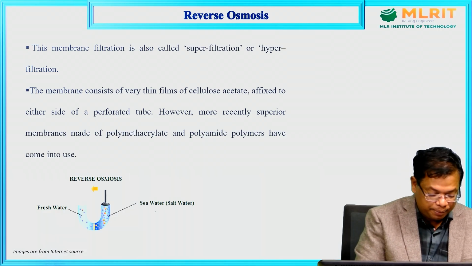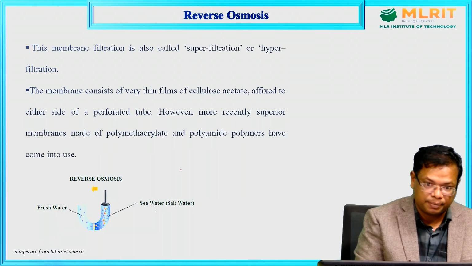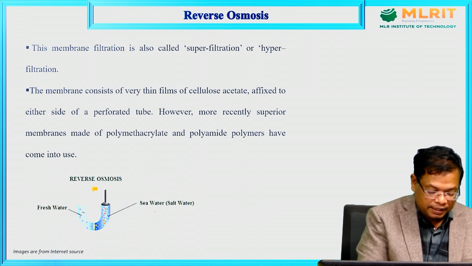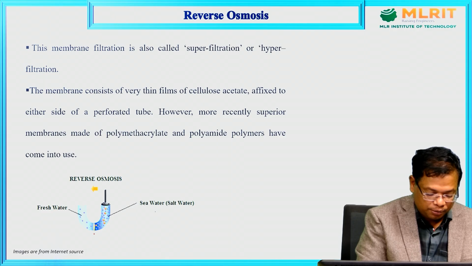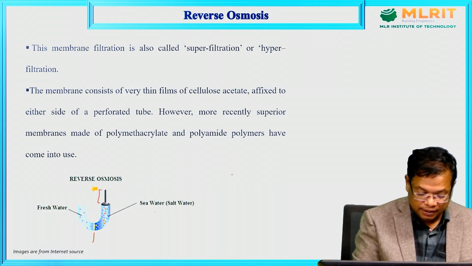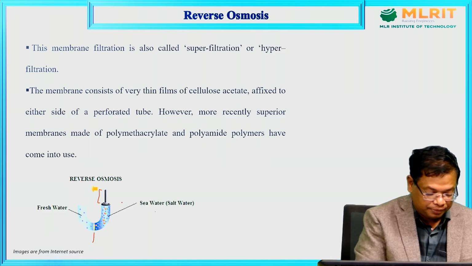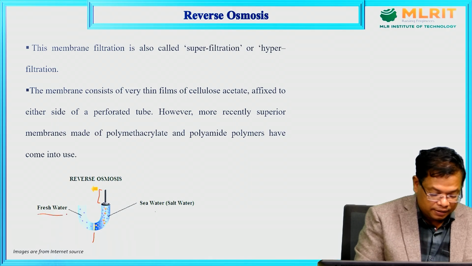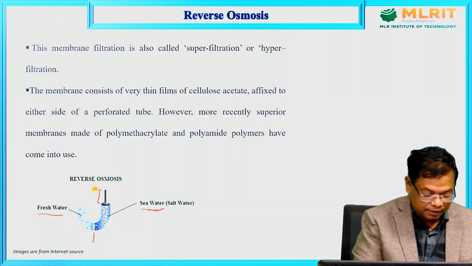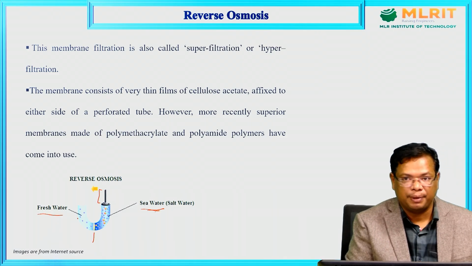So already because of osmosis, the lower concentrated solution is passing through the semi-permeable membrane to the concentrated solution. So here some osmotic pressure will be developed, as we saw recently. So the fresh water and the seawater: the concentrated solution is, for example, seawater, and fresh water is normal water.